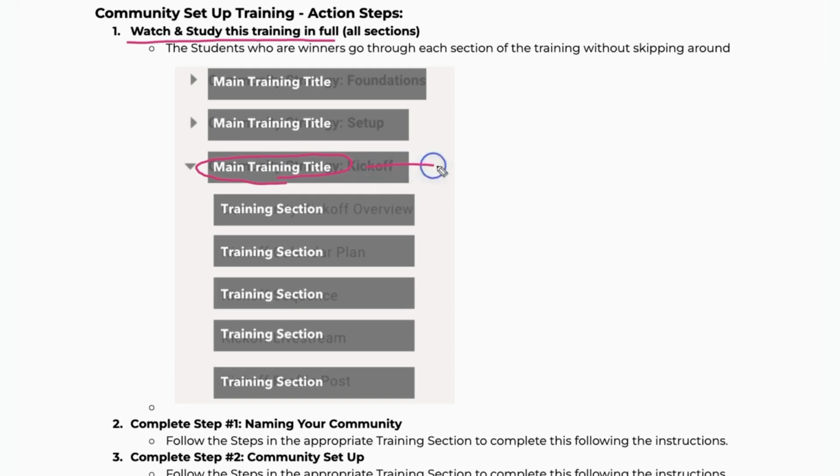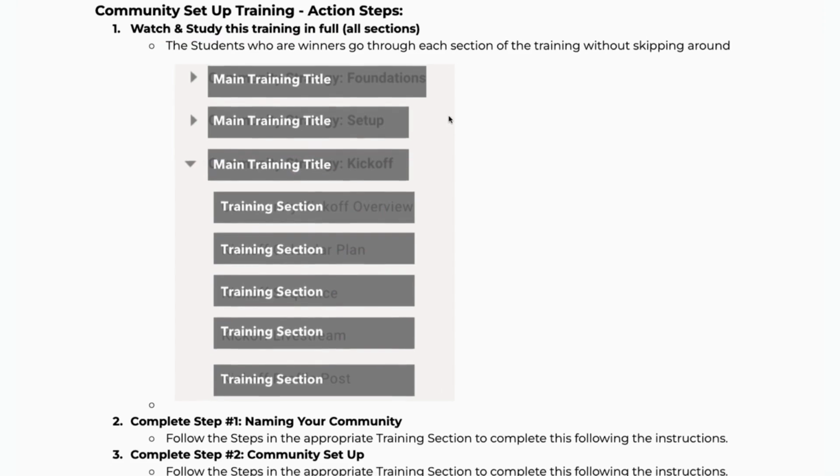And right underneath community setup, you have the list of trainings, which is going to be around naming your community, community setup, creating and publishing your qualification questions, your welcome post, cleaning up your Facebook profile. So you want to ensure that you go through all of these and make sure that you have watched and studied the trainings in full. Okay, so that is action step number one.